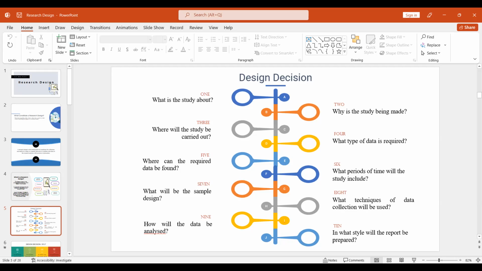And what will be the sample design? For example, a study can be carried out with 50 people or 100 people. What techniques of data collection will be used? Suppose the interview method is used, and the data is to be collected from 100 respondents.